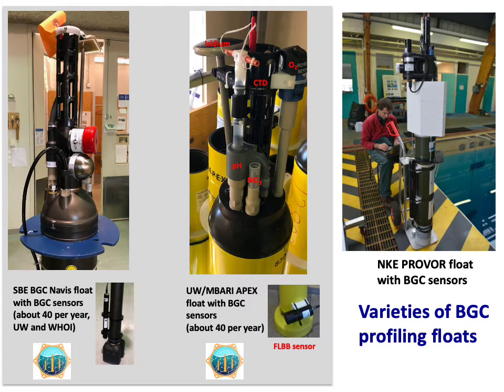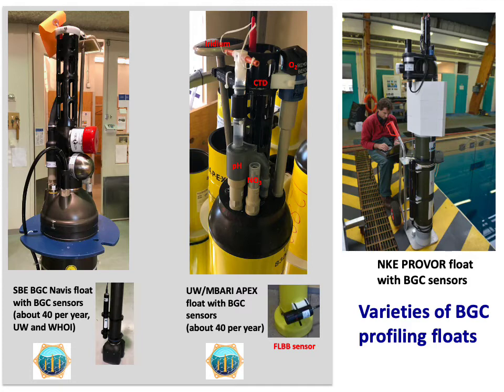There are several different kinds of floats we use in, or we're planning to use in GO-BGC. If we look at these two floats on the left here, we have an Apex float, the components manufactured by Teledyne Webb, the assembly and checkout and sensors installed at the University of Washington and at MBARI.